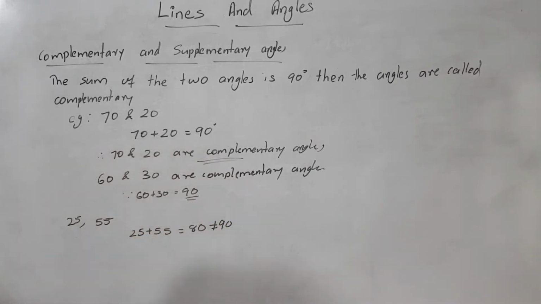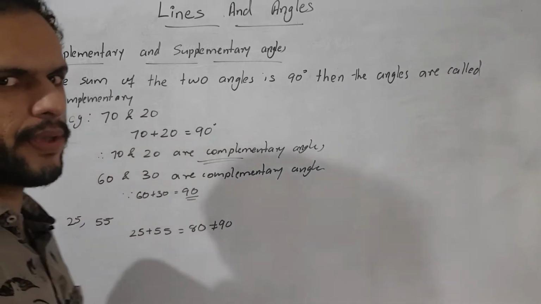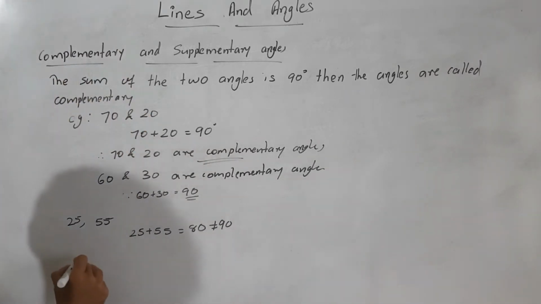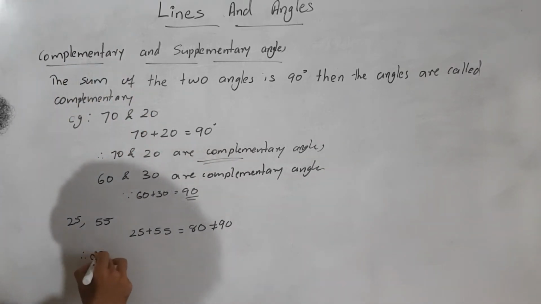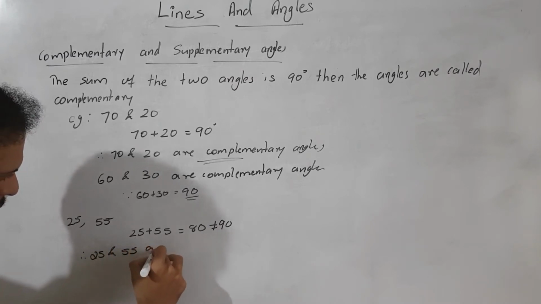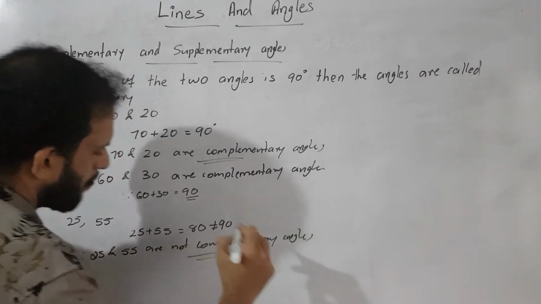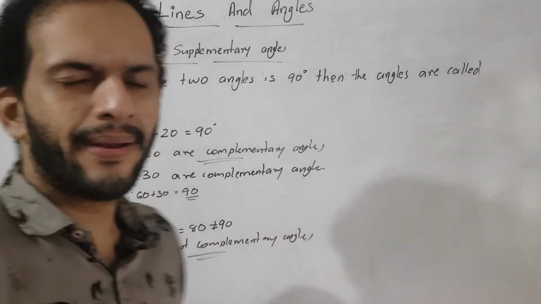Since the sum is not equal to 90, therefore 25 and 55 are not complementary angles.